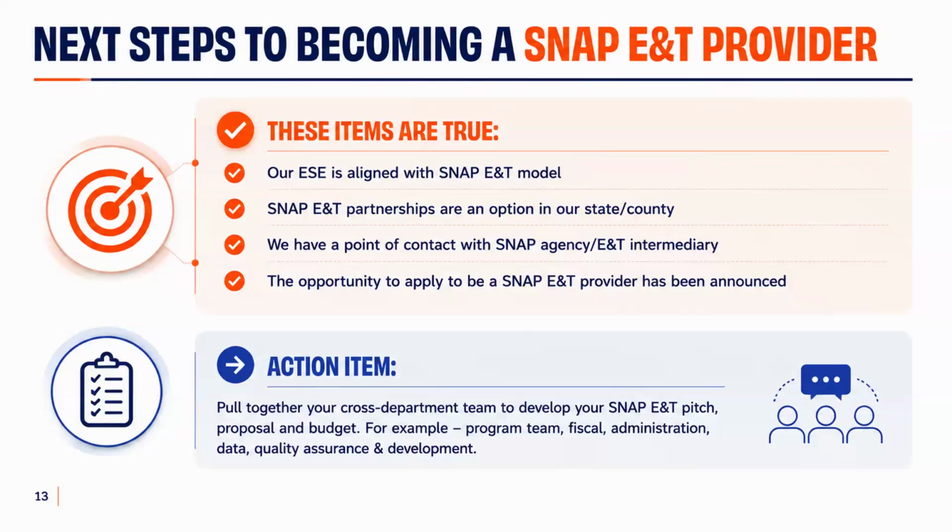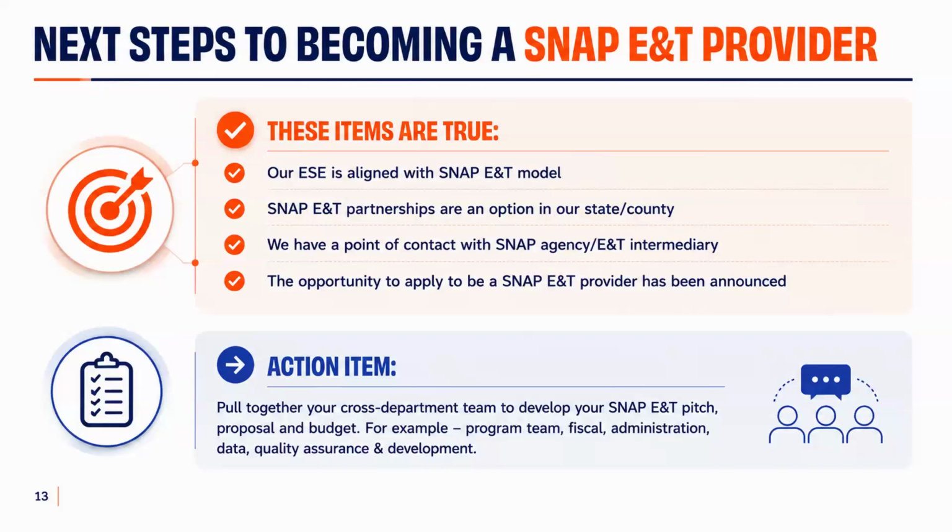Once you have all that information together and you think you're ready to apply, the big thing we would say is to get your team together internally and start having those discussions. That's going to be a cross-department team: your fiscal person, to understand how to put together a compliant budget in your proposal.